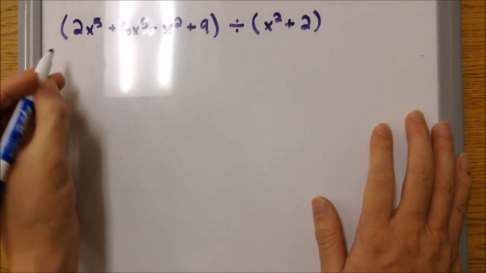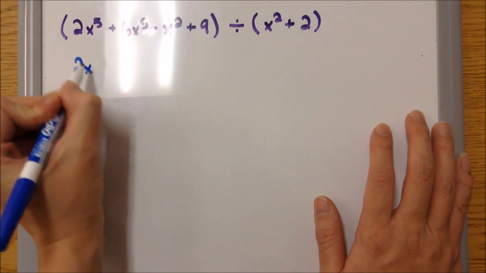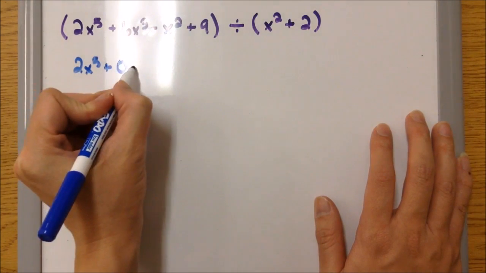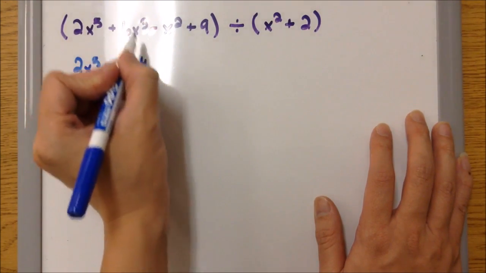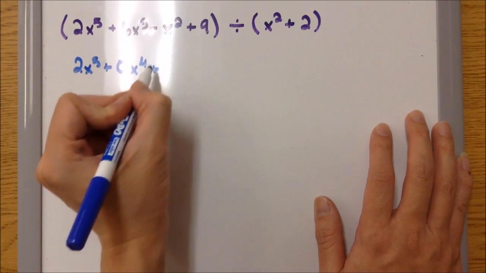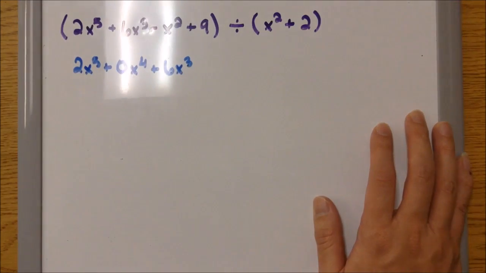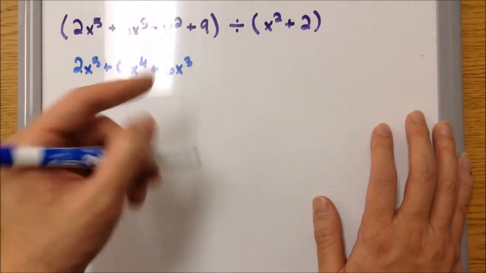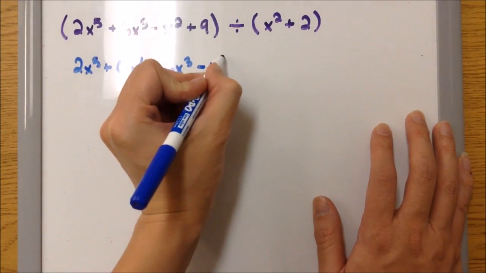So I'm going to rewrite it. 2x to the fifth plus 0x to the fourth. Then there's an x to the third, so I'm going to bring down 6x to the third. And again, if I'm counting down by 1, after 3 is 2, which we do have, so minus x squared.